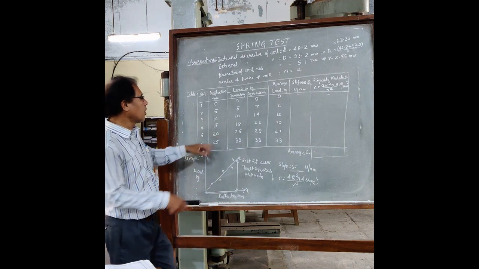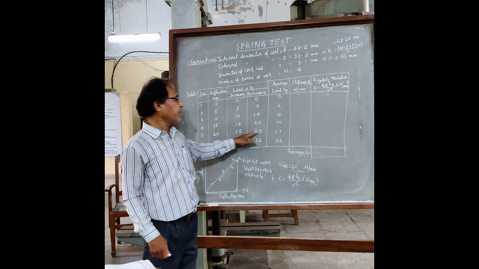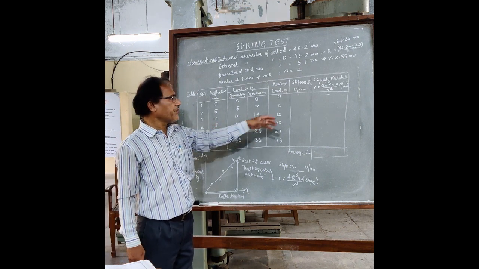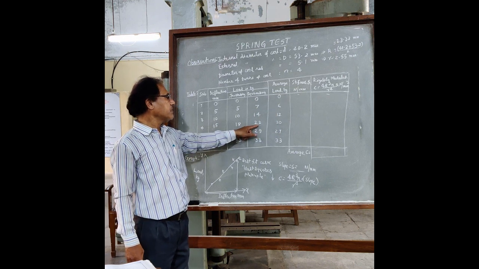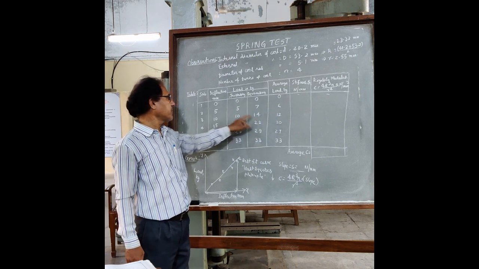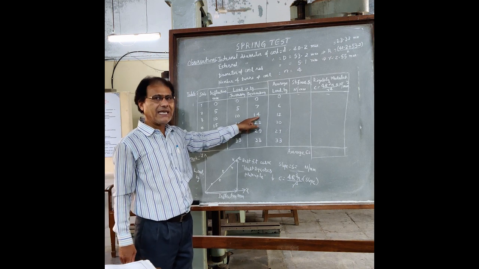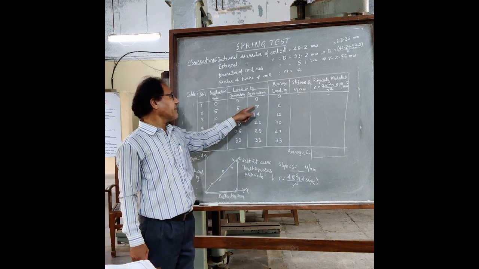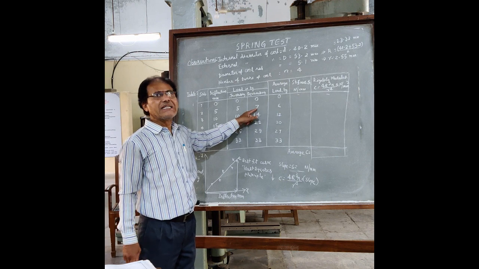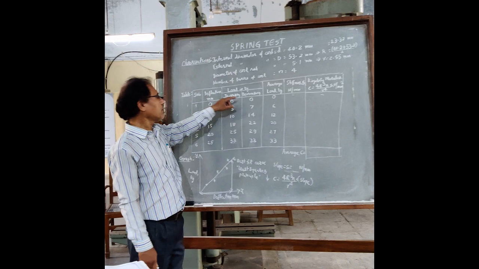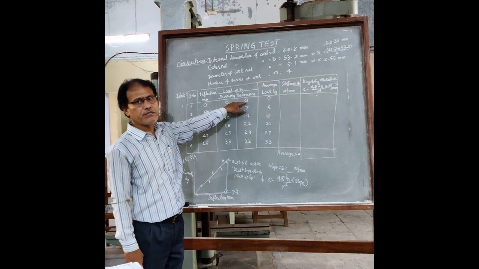Now I will decrease the load to 4/5 inch, where I observed 29 kg. Similarly, for 3/5 of an inch, the load is observed as 22 kg, and for 2/5 of an inch the load is observed as 14 kg, and for 1/5 of an inch the load is observed as 7 kg. And further, when I got to 0, almost it is matching with the 0.